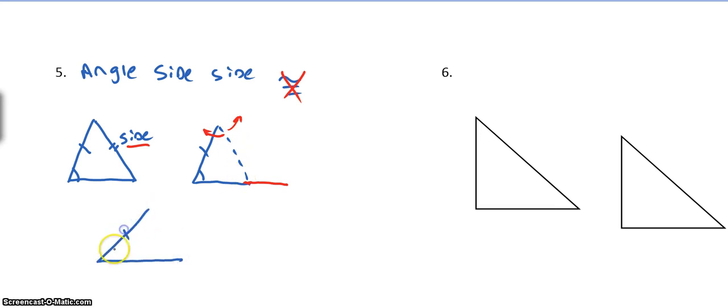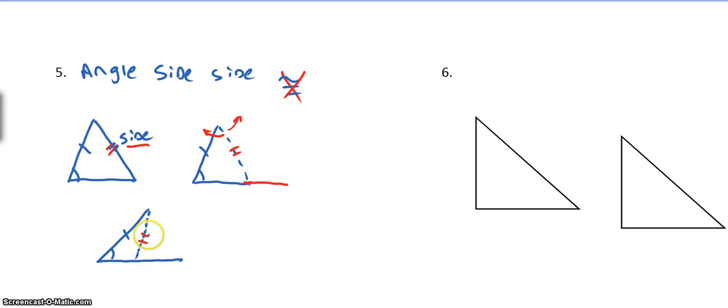Okay, so I still have my side and my angle, but this time it's possible for me to swing it inward and still be congruent. Whether I swing it outward, I can bring it inward. And notice if I brought it inward, it wouldn't go exactly up and down because that'd be 90. But if I swung it in a little further, the side could actually keep its same length. But yet, look, you can tell these are two different triangles.